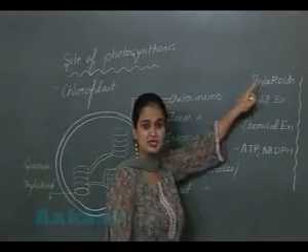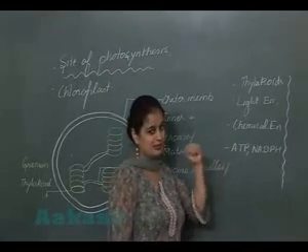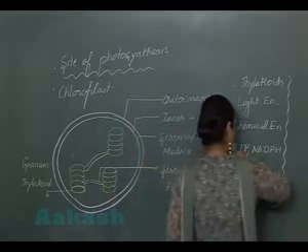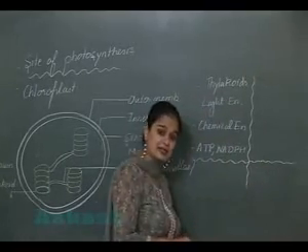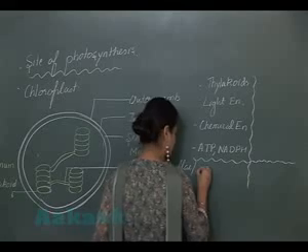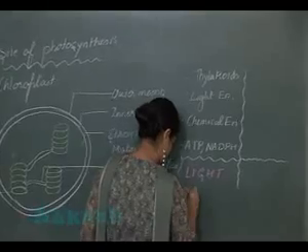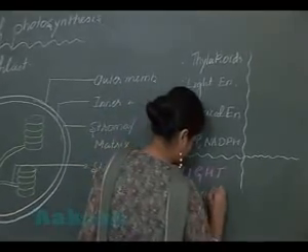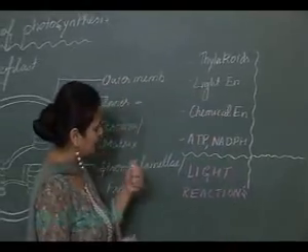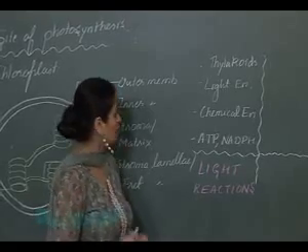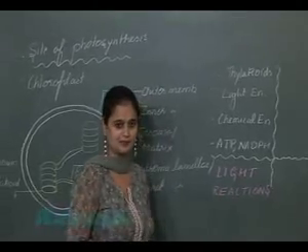ATP and NADPH is produced due to the light energy absorbed by the photosynthetic pigments present in the thylakoid. So this reaction which is occurring in the thylakoid membrane, which is directly driven by light, is known as light reaction. Or you can say the several reactions which result in the production of ATP and NADPH occurring in the thylakoid membrane represent light reactions.